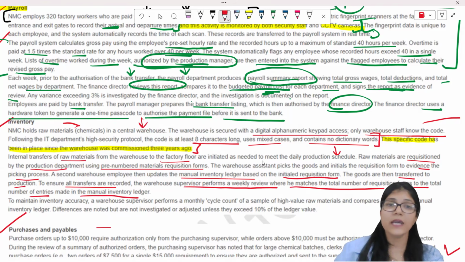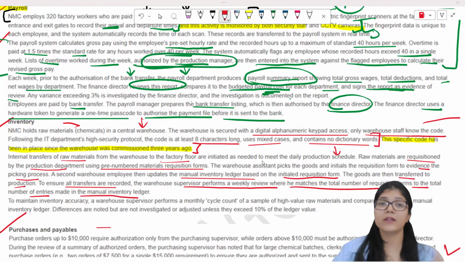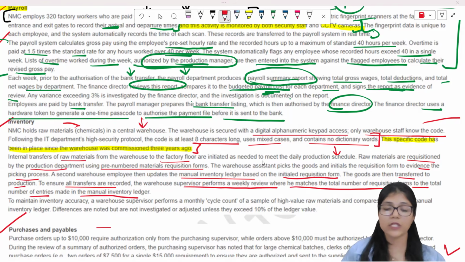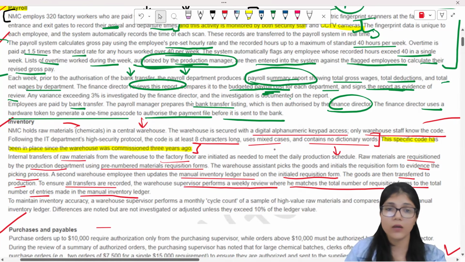Now, what is the actual problem over here is that there is no verification. There's no review happening. The problem is that the warehouse assistant is matching the requisition forms to the things, right? But there's no verification of what he is doing. What if he's making some mistakes?